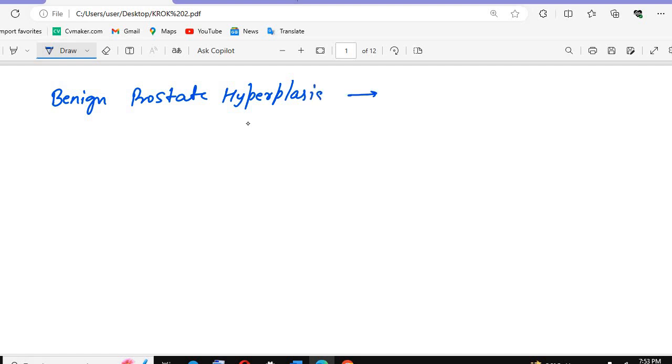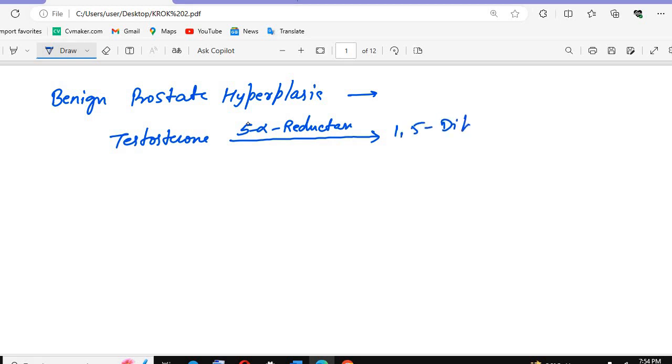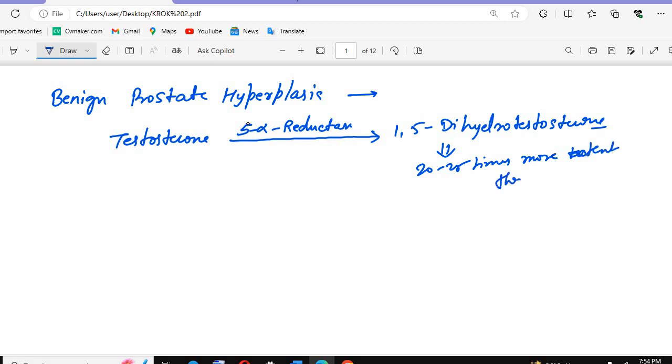We discussed that testosterone, in the presence of the enzyme 5-alpha reductase, is converted into dihydrotestosterone. Dihydrotestosterone is 20 to 25 times more potent than testosterone.